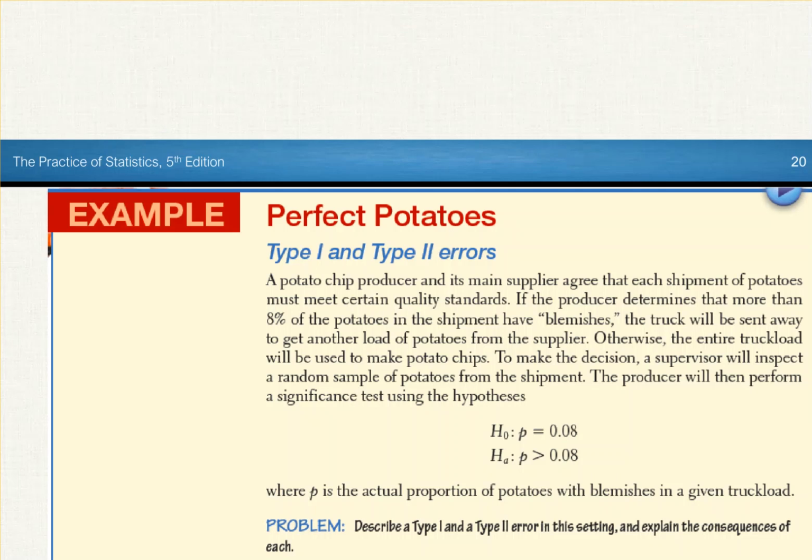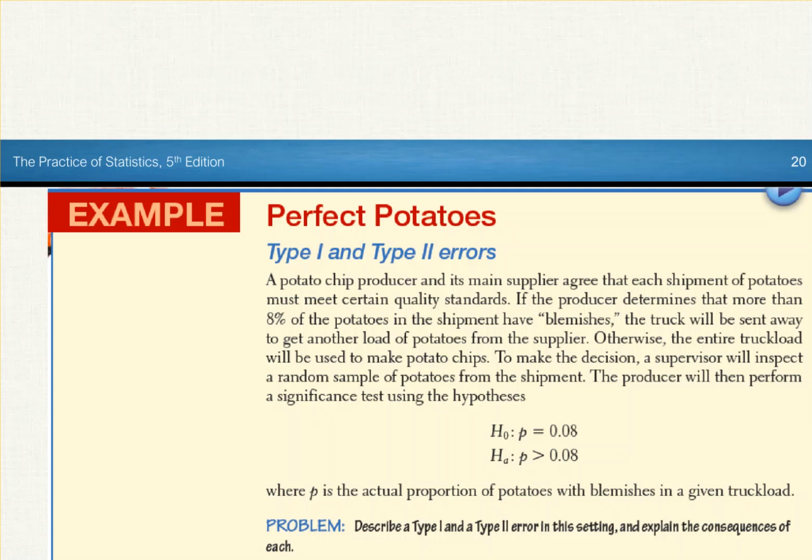A consequence of that is we would reject the shipment when it would have been a suitable shipment for our potato chips. That might add time to get another shipment, and the supplier of the potatoes would lose money as well, because they had a perfectly good shipment that got rejected because of a type 1 error.